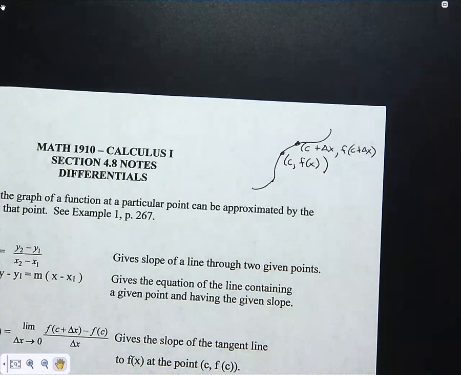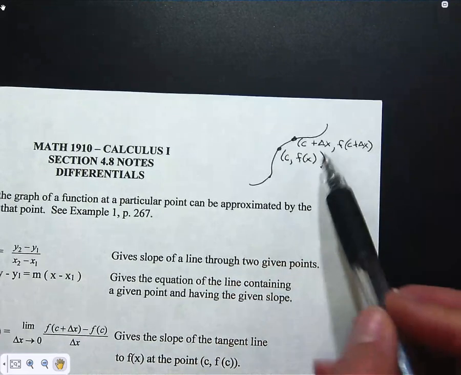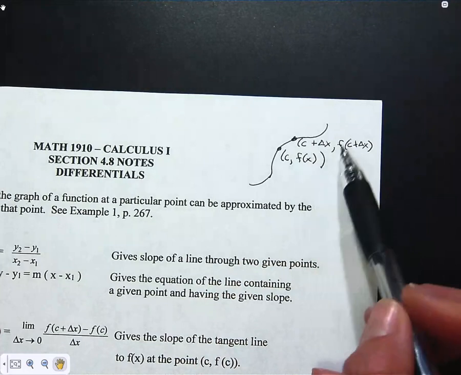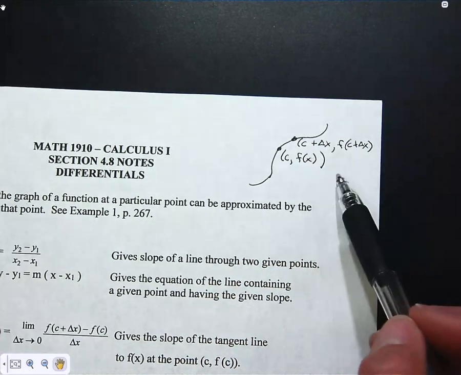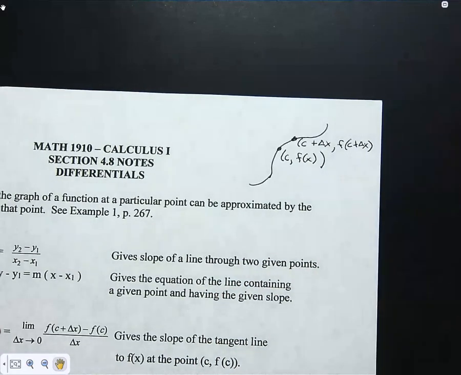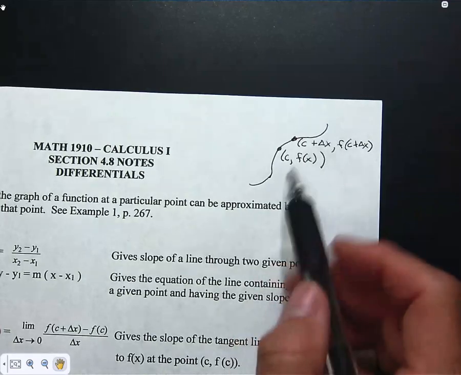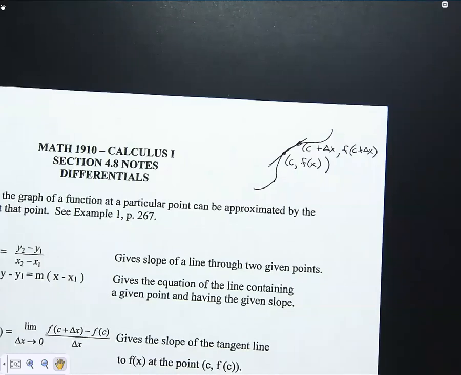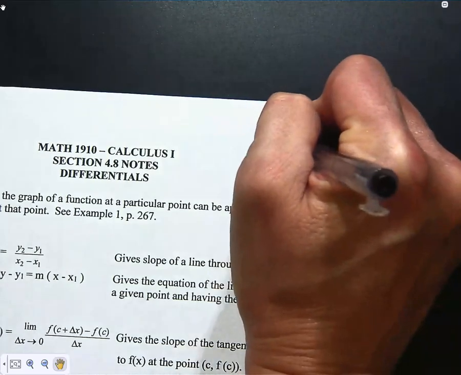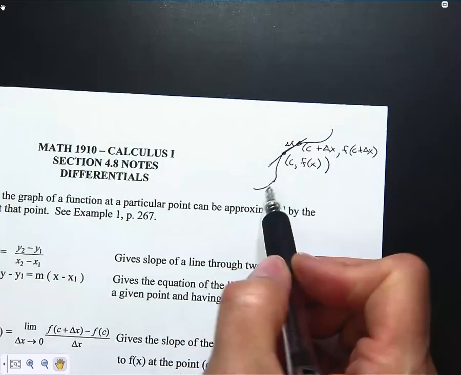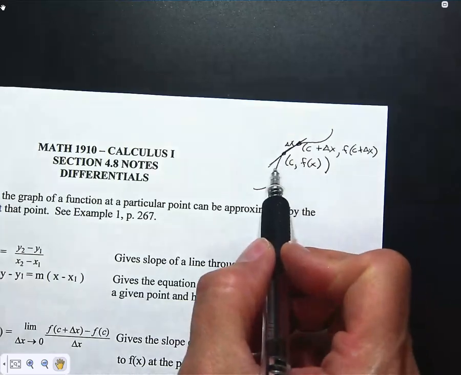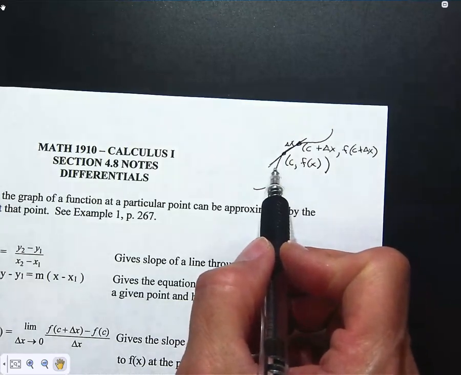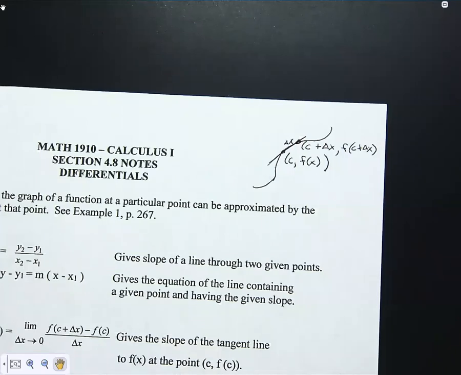If for some reason I couldn't subtract this from this, and I just wanted to approximate the change in y, then I could use point slope form to find the equation of the tangent line. As long as that little scooching over amount is very small, the equation of the tangent line does a pretty good job of approximating that curve.